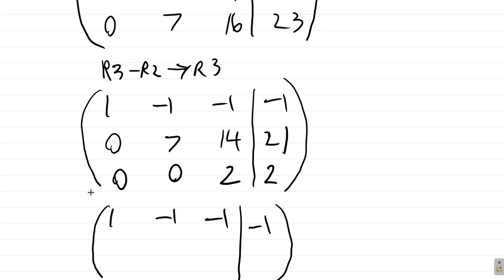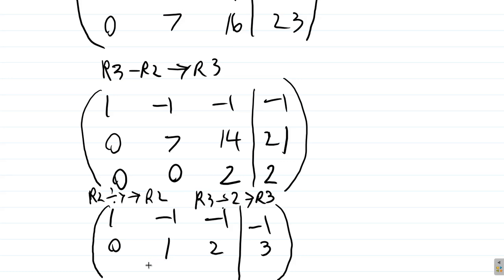We could say 1/7 of row 2, or row 2 divided by 7 gives us our new row 2. So if we divide by 7, 0 over 7 is 0. 7 over 7 is 1, 14 over 7 is 2, 21 over 7 is 3. And row 3 divided by 2 gives us our new row 3. So we have 0, 0, 2 over 2 is 1, 2 over 2 is 1. Let's draw a line and continue here.